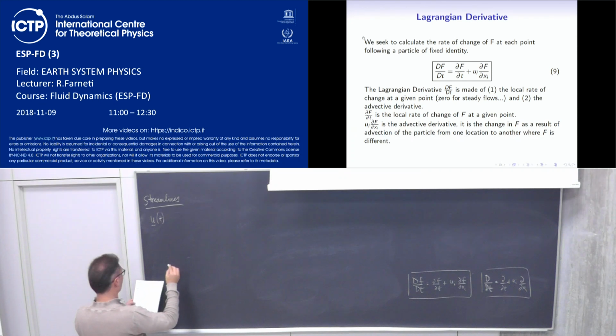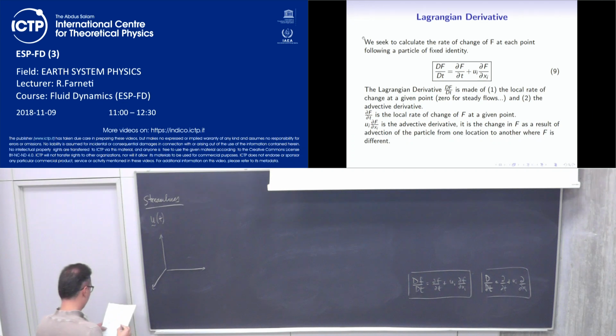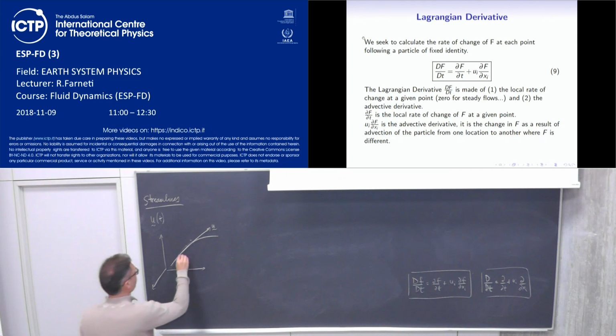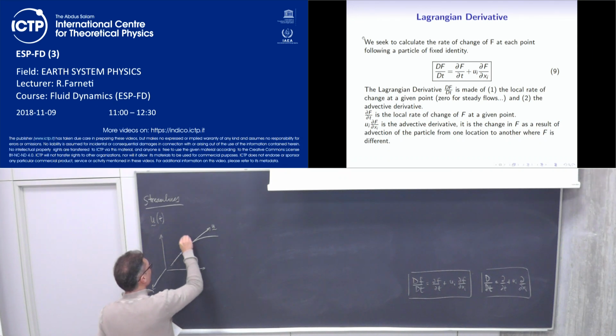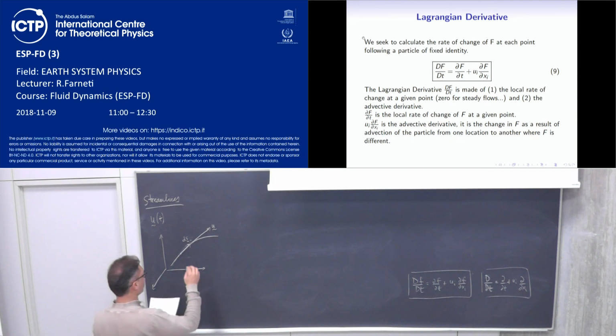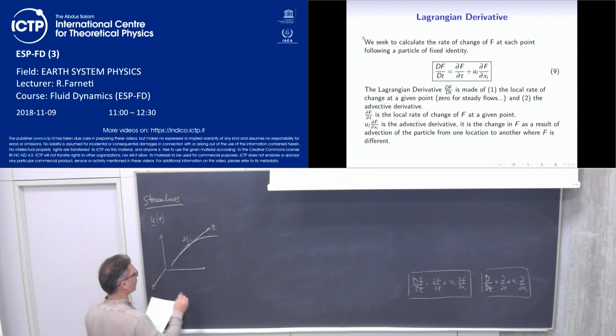So we do again a graph. You have a velocity vector u, and you have a ds, which is an element of the arc length of the velocity vector.